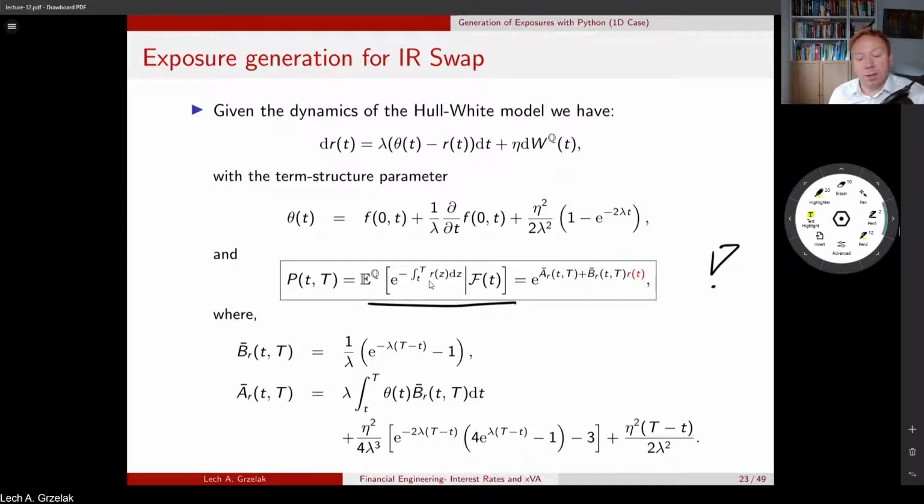Obviously this means that our expectation will depend on the path from time t to capital T. So essentially we have to integrate. If you have those Monte Carlo paths, we are interested in zero coupon bonds from here to here. We have to integrate this path over this period of time, and then do it for all of the paths. So also this path, for example, and this path in the middle.